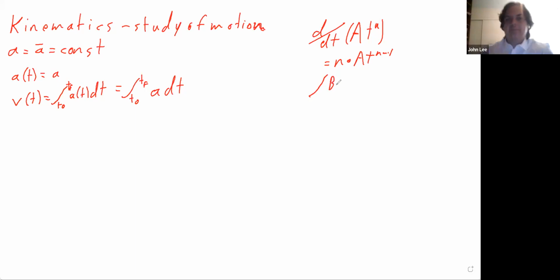which means that going backwards, if you're taking the indefinite integral of b t to the m dt, then that's going to be equal to b over m plus 1 times t to the m plus 1.